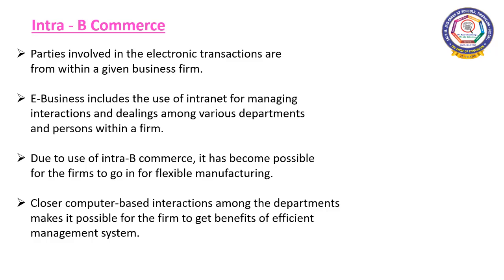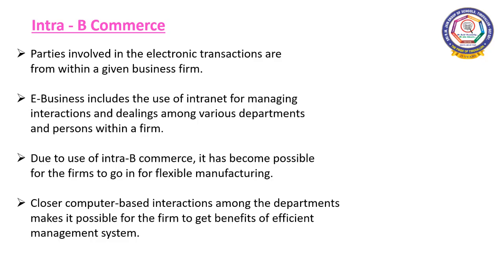So the computer-based interactions among various departments make it possible for the firm to get the benefits of an efficient management system. So between the various departments, the online transactions, that is interaction between various departments, can be done through electronic transactions. Okay.